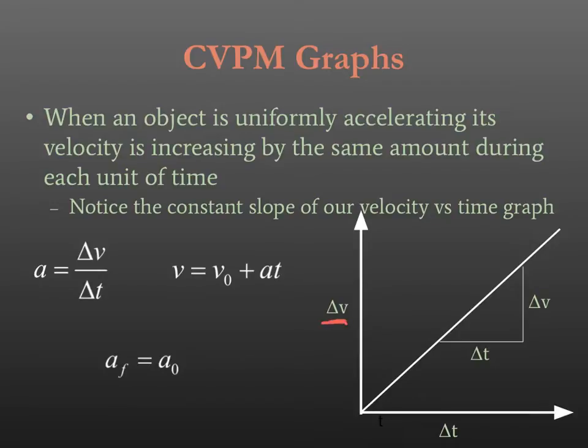Here our graph is V versus t, and what we see again is a linear relationship where y equals mx plus b. So here's our linear equation, and in this case our y value is v.